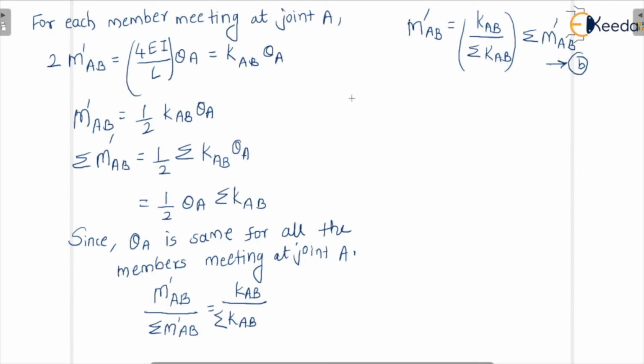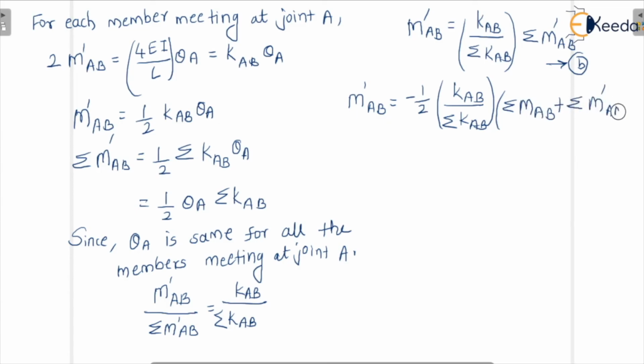So we get the final equation as M dash of AB is equal to minus 1 by 2 K of AB by summation of K of AB, and then we substitute summation of M dash of AB, which is nothing but summation of M of AB plus summation of M dash of AB.